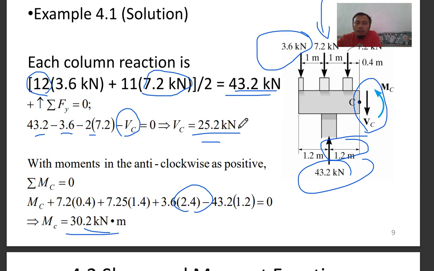Just remember your assumption: shear, assume your shear down, and if moment, you assume it's counterclockwise, and if it is normal forces, you should assume perpendicular, going outside, or tension.